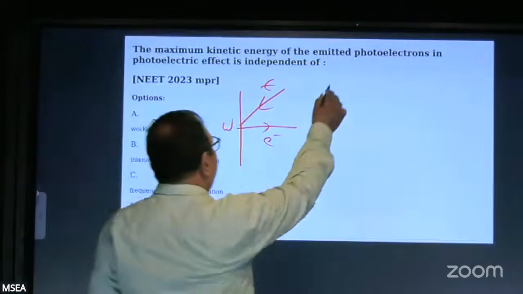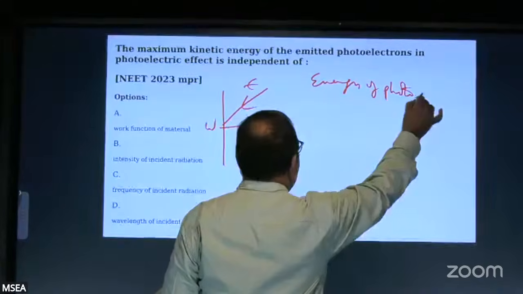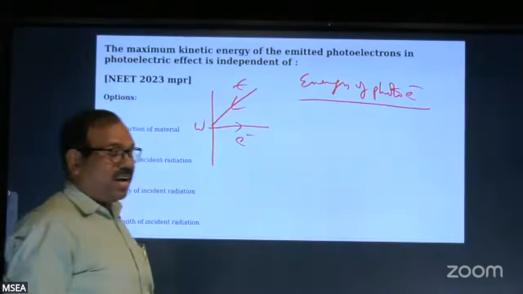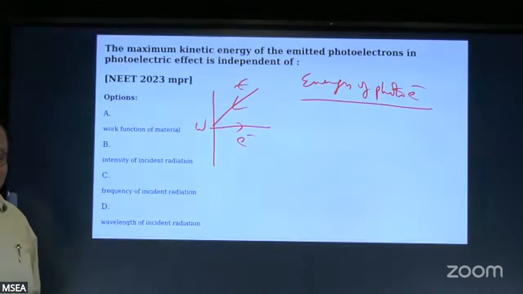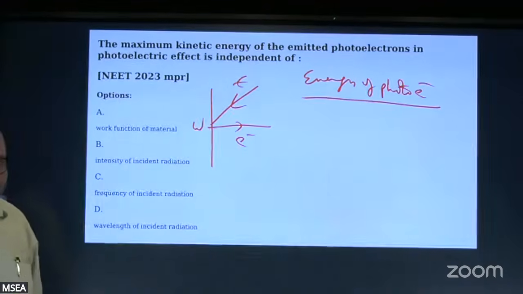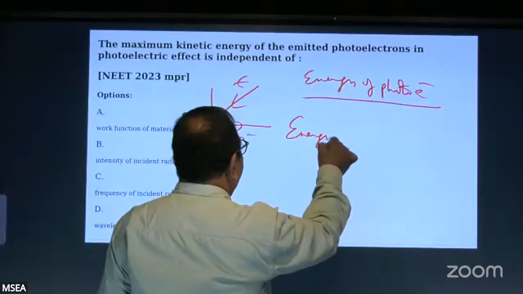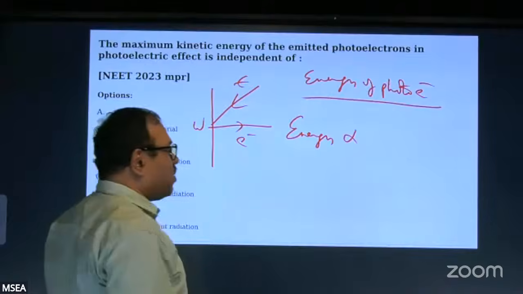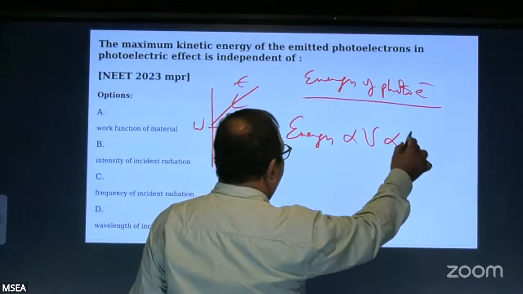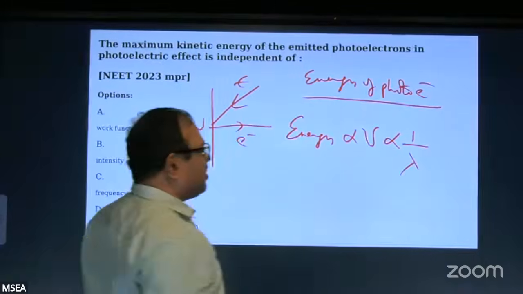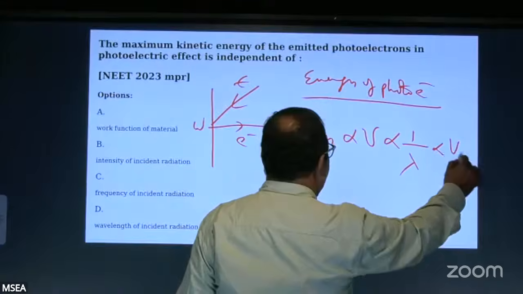You must remember which one the energy of the photoelectron depends on. Energy is related to frequency, wavelength, and stopping potential. The energy of the photoelectron is proportional to frequency, inversely proportional to wavelength, and proportional to stopping potential.